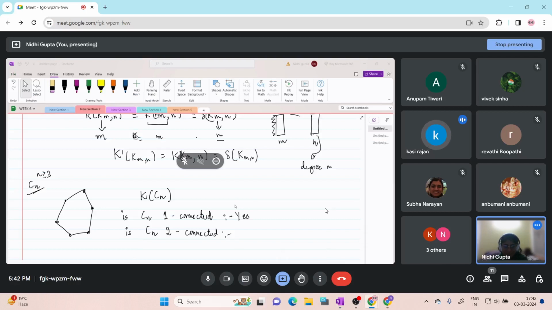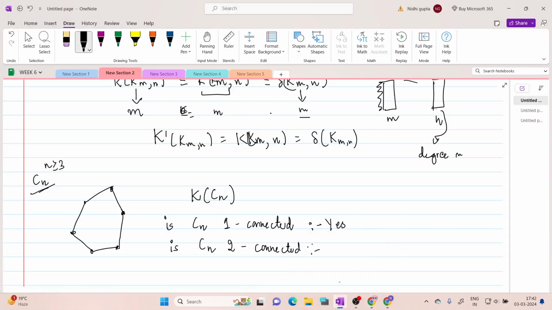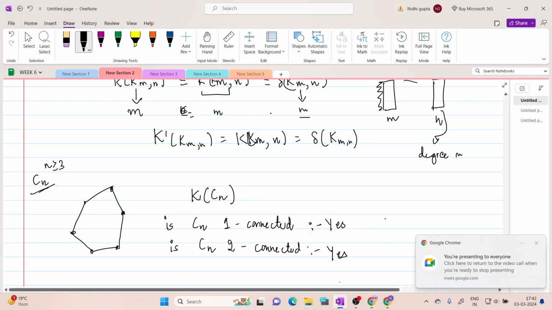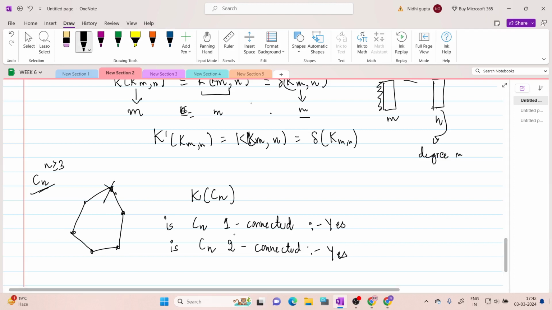It is 2 connected, since it is a cycle, if you remove one vertex, you have the other end, right? Suppose I am removing this vertex, then all the other vertices form a path, which is connected. What about 3 connected?